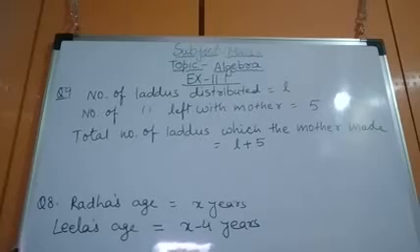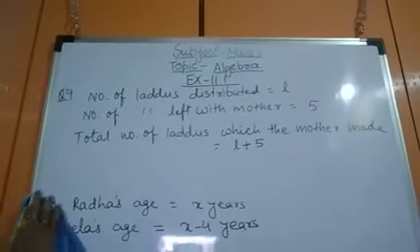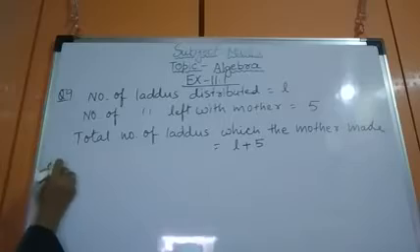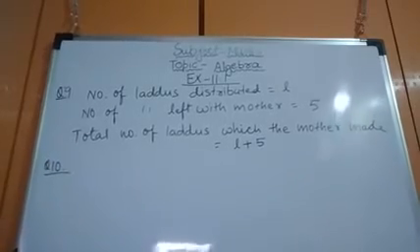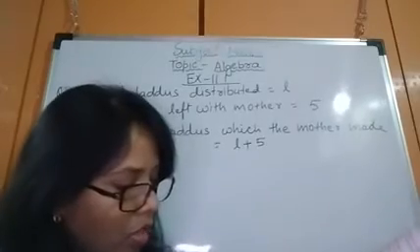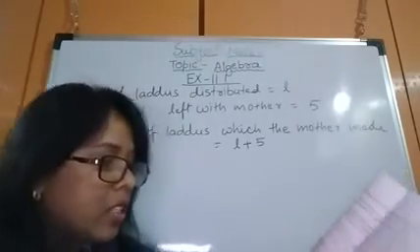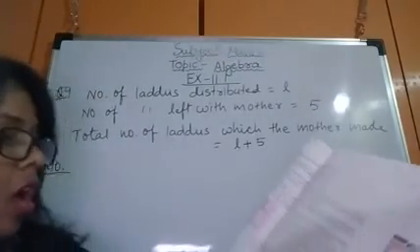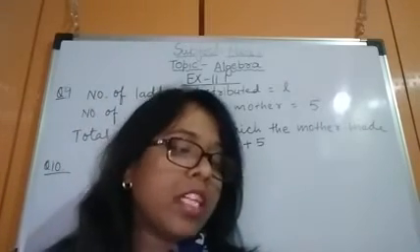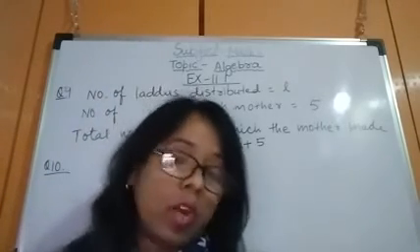Now come to the next question. Question number 10. What is question number 10? We will see. Question number 10 is: oranges are to be transferred from larger boxes into smaller boxes.